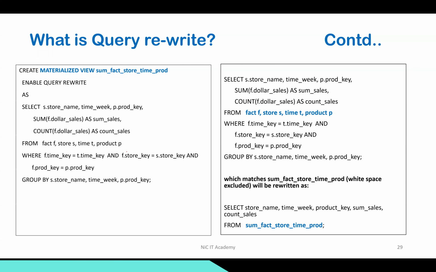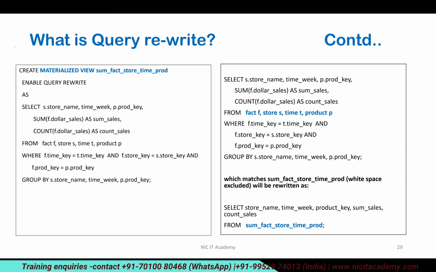So if you see here, the materialized view as sum of fact table store, enable query rewrite as select star statement we are making. Here also: fact table, store table, time table, product table.